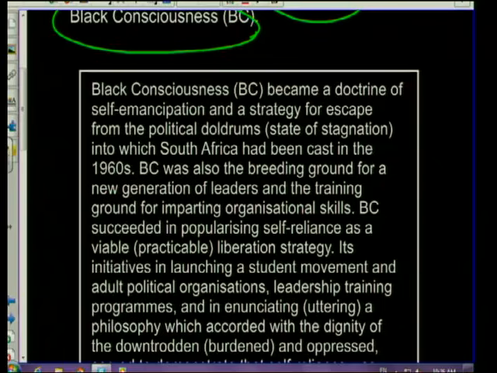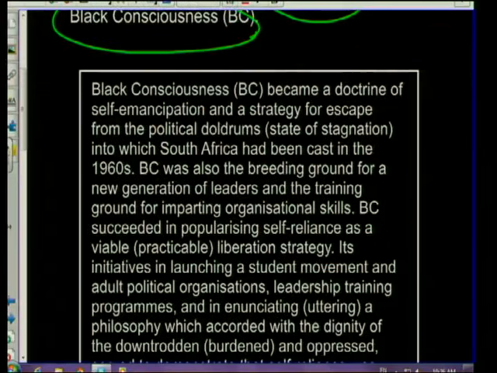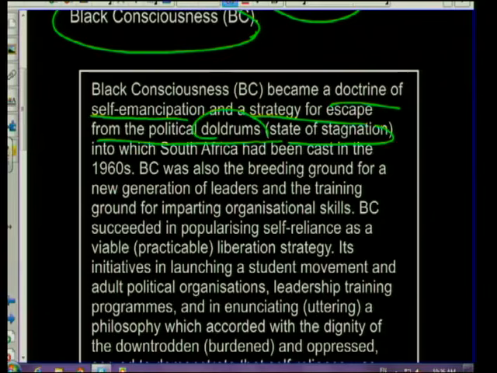What you can do is underline the key words that explain what the philosophy of black consciousness is all about. If you look at key words, certainly it was the breeding, it was a doctrine, a teaching of self-emancipation and a strategy for escape from the political doldrums, the state of stagnation into which South Africa had been cast into the 1960s.